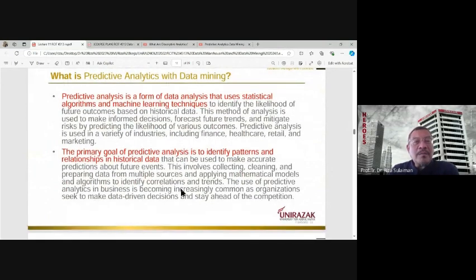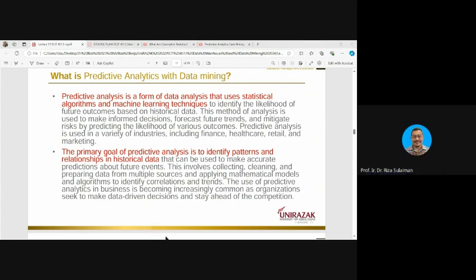Now, coming back to what is predictive analytics, this is related to the video which I've sent to you. So just basically to recap, predictive analysis is a form of data analysis that uses statistical algorithm and machine learning. I will show you on this at the end of our lecture today. So machine learning is also a new technique, and it is being used in many field, and it also in data mining.